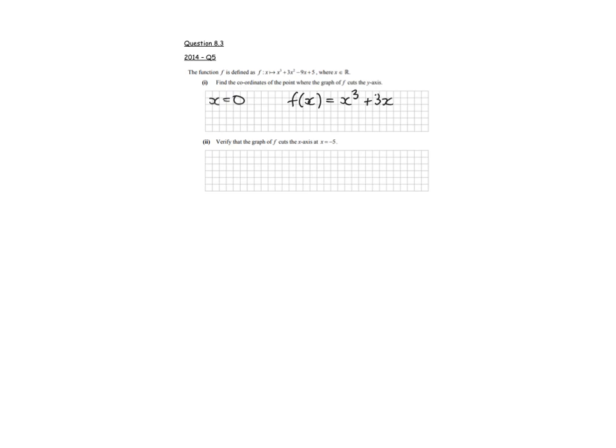We need to get f of 0, which is 0 cubed plus 3 times 0 squared minus 9 times 0 plus 5. So f of 0 is going to be equal to 5.